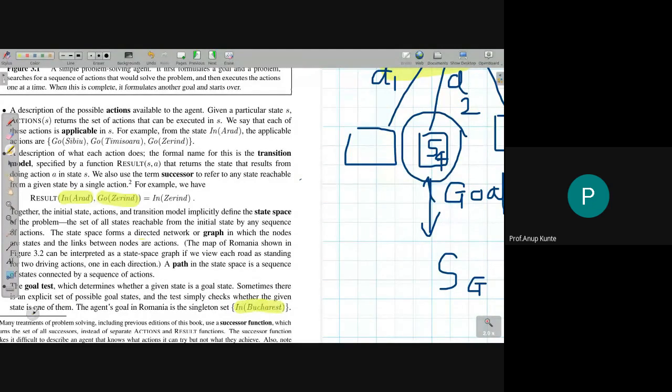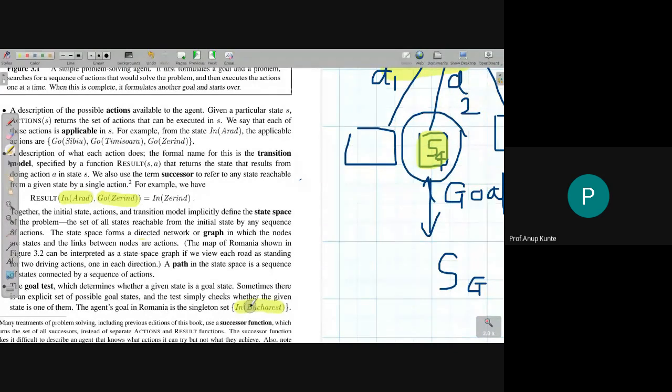So my goal test would be a list of cities which I want to reach. And in this specific problem, my goal is to reach Bucharest. So my goal test would be to check whether the generated successor city matches the goal node or goal state. Okay, so that is what the goal test does.